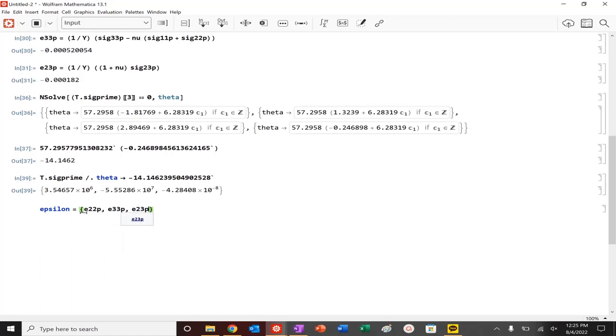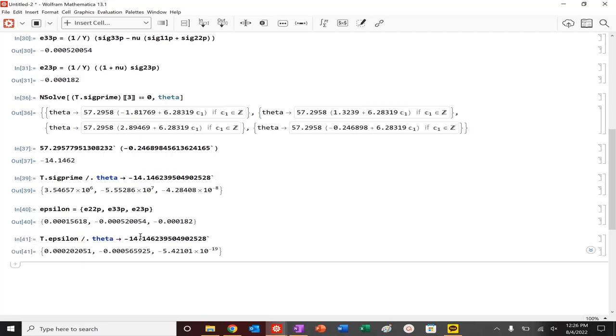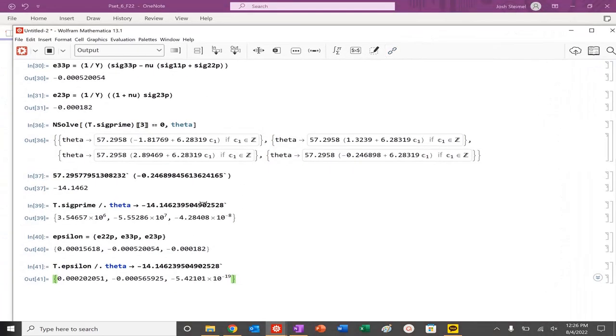E23P. So if I do T dot epsilon slash dot theta goes to that same angle, I'll have, and again, you see shear stress is 0, shear strain must be 0. A nice confluence of good events. And then you can calculate all the other values as well with these values.